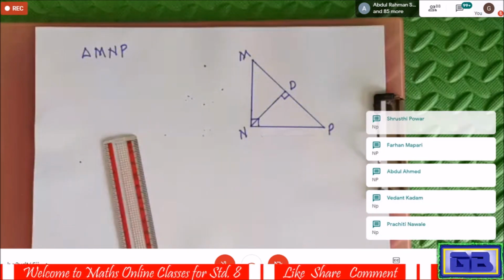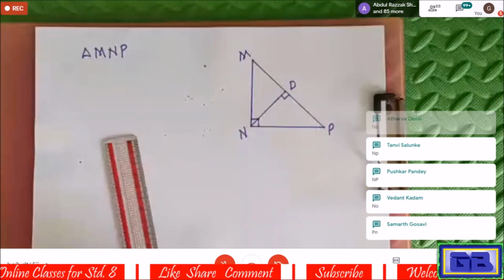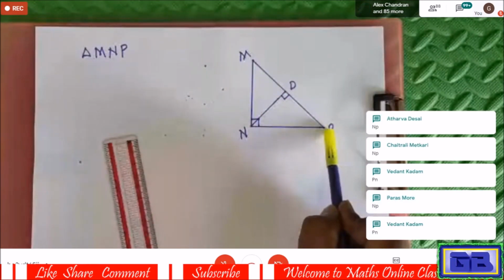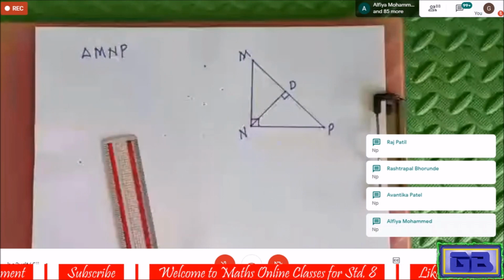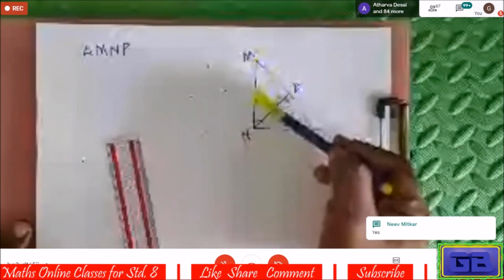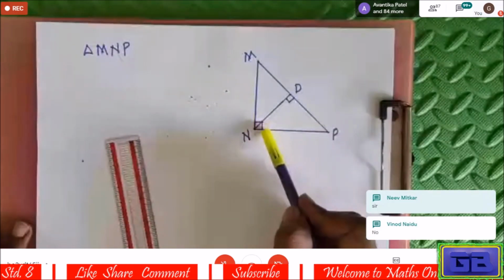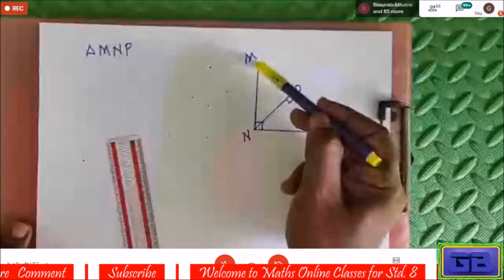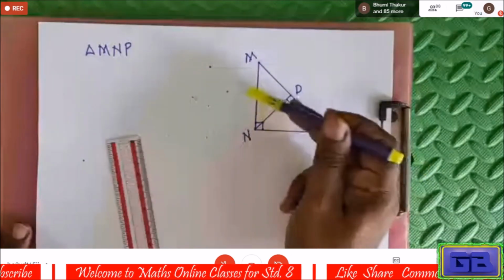NP, correct. Now we have to draw a perpendicular on side NP. Can we draw a perpendicular on side NP from vertex M? Already we have MN perpendicular to NP. So we cannot draw an extra perpendicular. NP is itself a perpendicular as well as a side of this triangle.